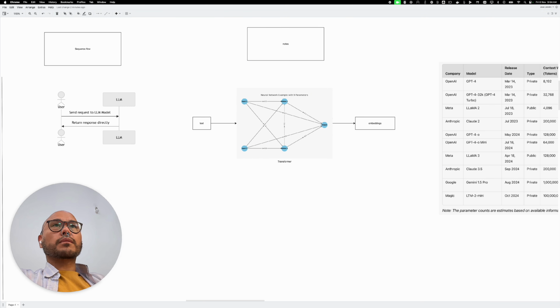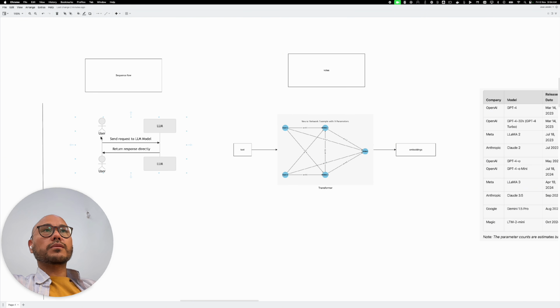In this sequence diagram, here we have the user who's sending a request to the LLM model, and the LLM model synthesizes a response and sends it back to the user.